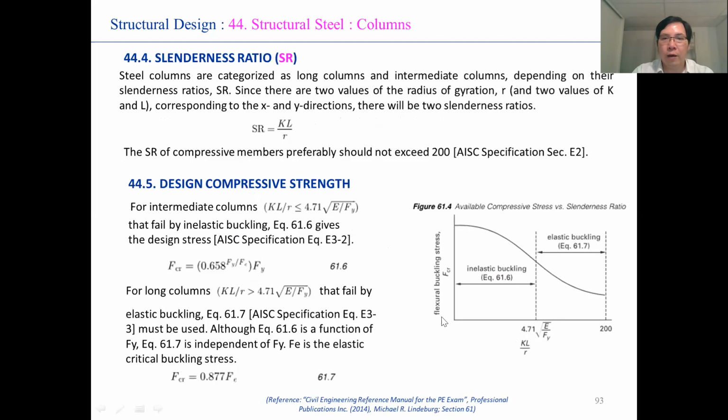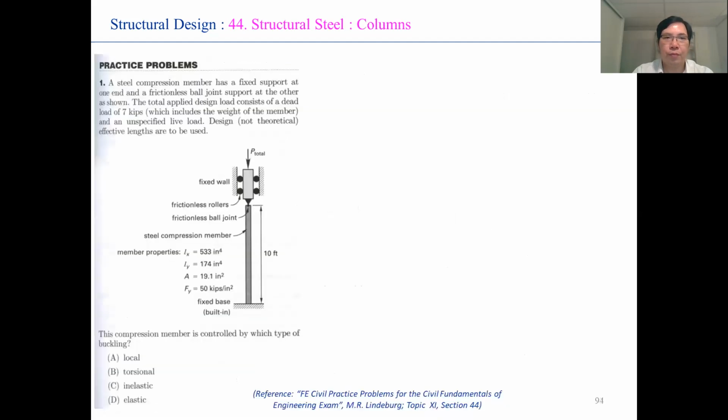This figure shows the available compressive strength versus slenderness ratio of steel columns. So now we pass to the practice problems.